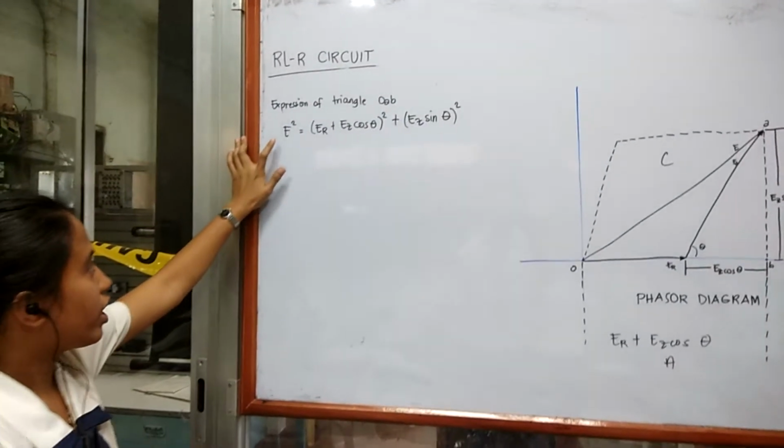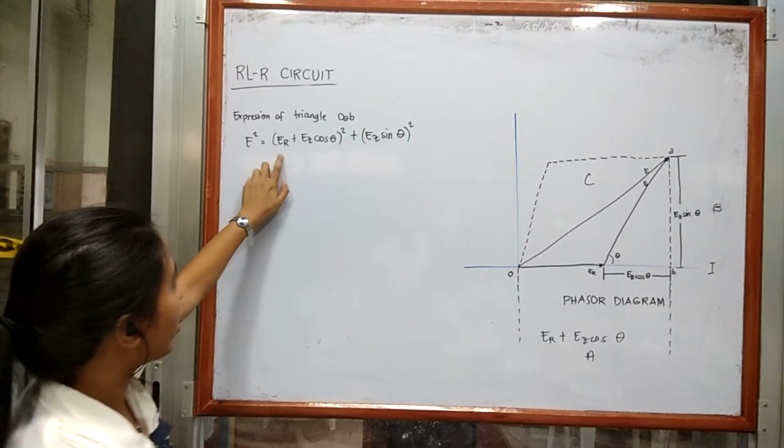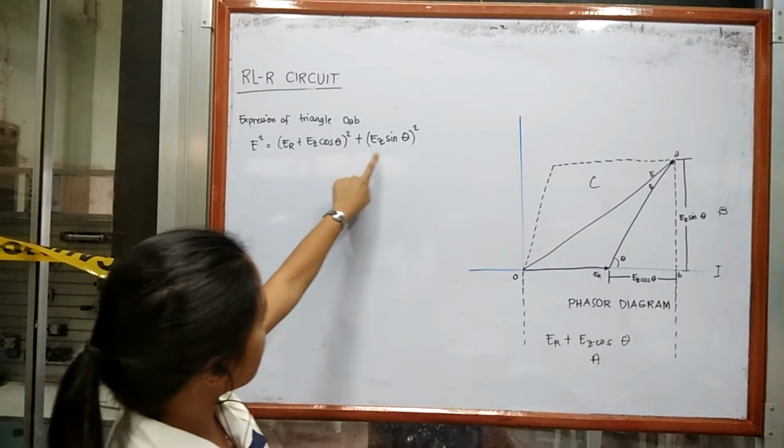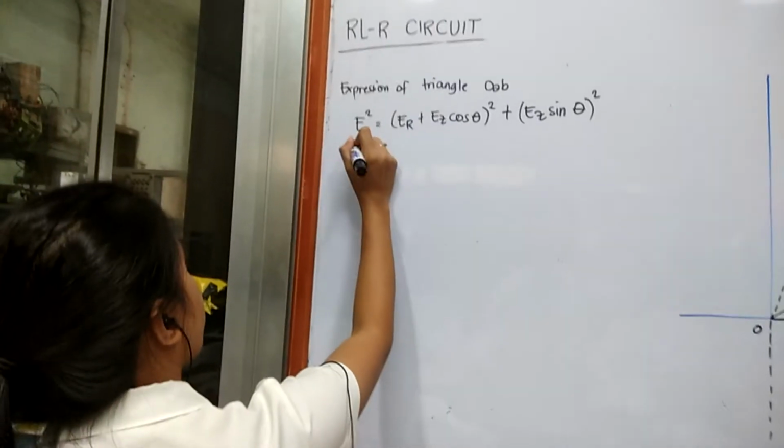By Pythagorean theorem, E squared is equal to the quantity ER plus EZ cosine theta, squared, plus EZ sine theta squared. So, simplify.